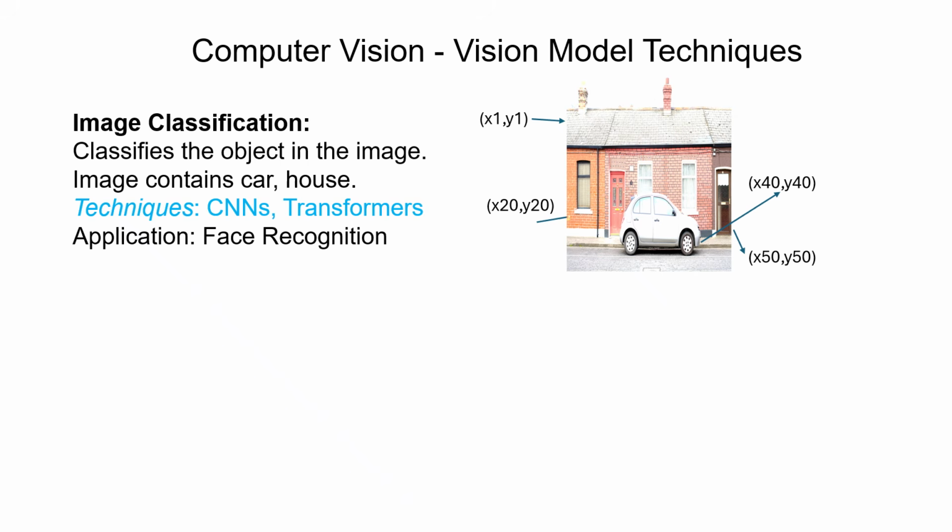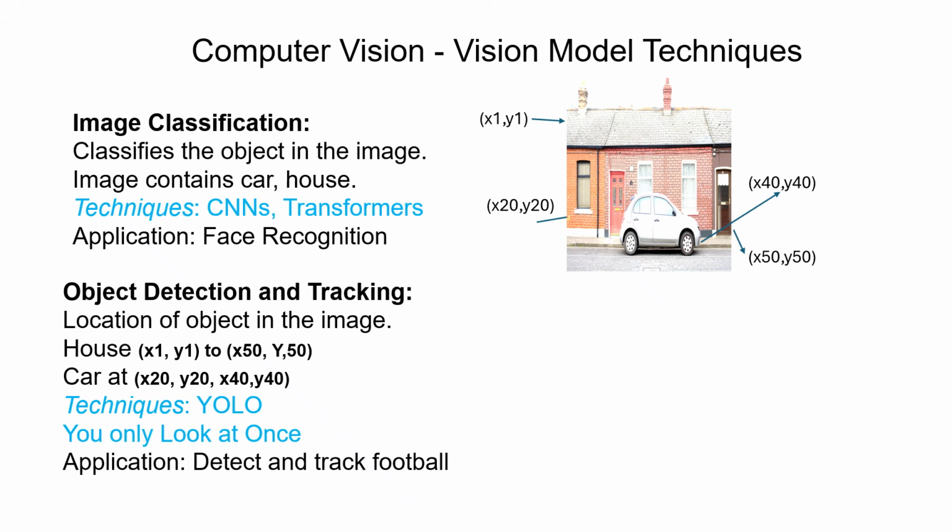Next comes object detection and tracking. This tells us what objects are present in the image and where those objects are located. Input image, or in case of video, frame by frame data is fed to the object detection algorithm like YOLO, You Only Look Once.